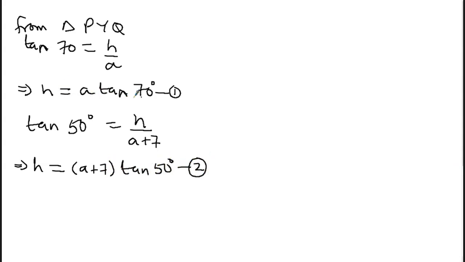h is equal to a tan 70 degrees, and the same h is equal to a plus 7 times tan 50 degrees. So we can equate the two. This implies that a tan 70 degrees is equal to a plus 7 times tan 50 degrees.